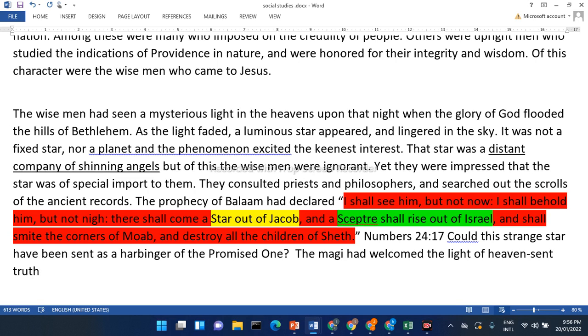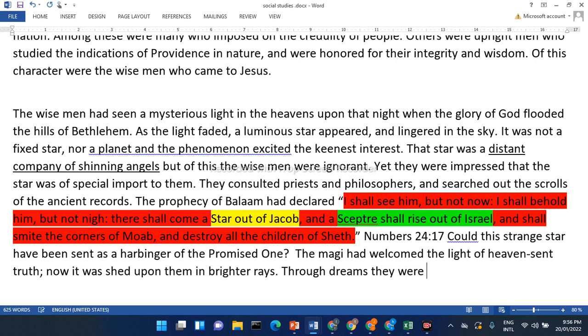Now it was shed upon them in brighter rays. Through dreams, they were instructed to go in search of the newborn prince.